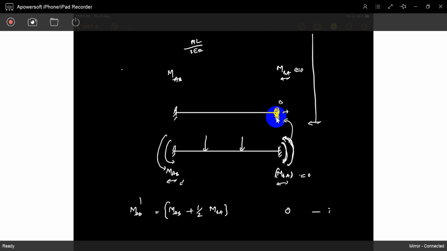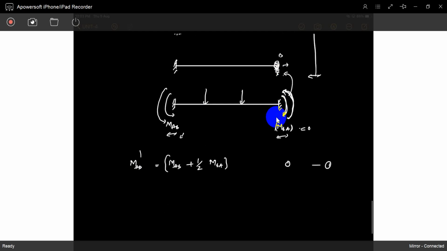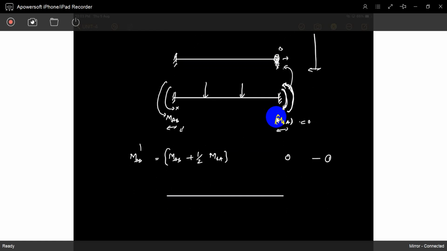Later, the support A is going to give a rotation. We don't consider any rotation at C because we don't need it at all. If you apply a rotation at A, it is going to be θA.